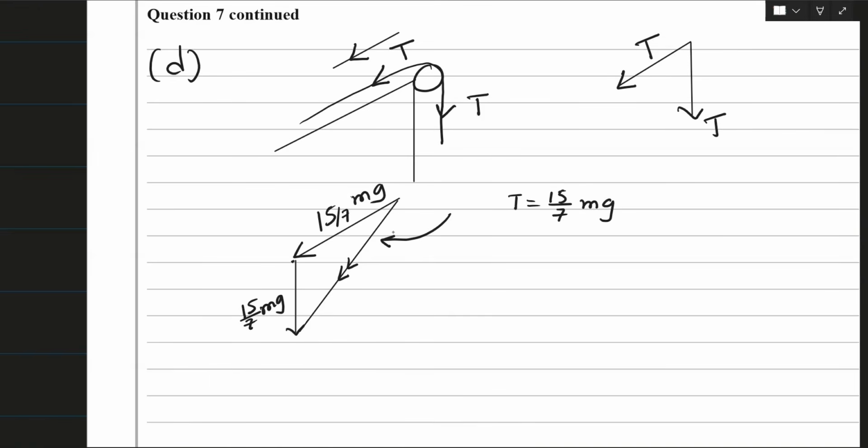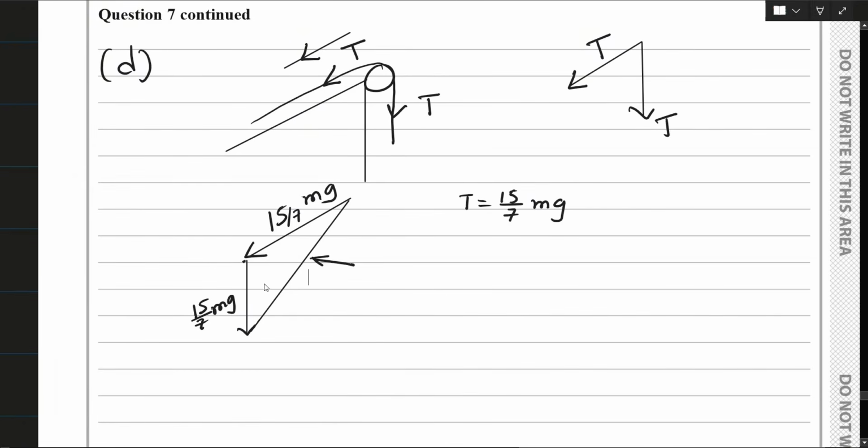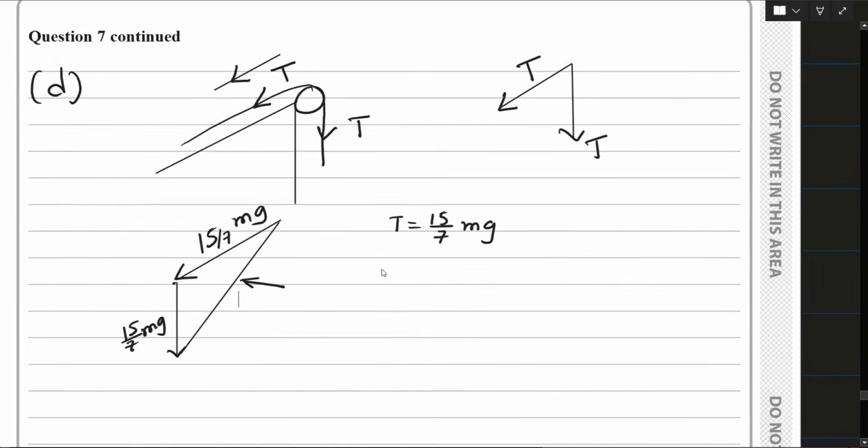In order to find the magnitude of the other side, we have to use some triangle theorems. We can use the angle between them and then use the cosine rule to find the other side. So in order to use the angle, we need to know it.